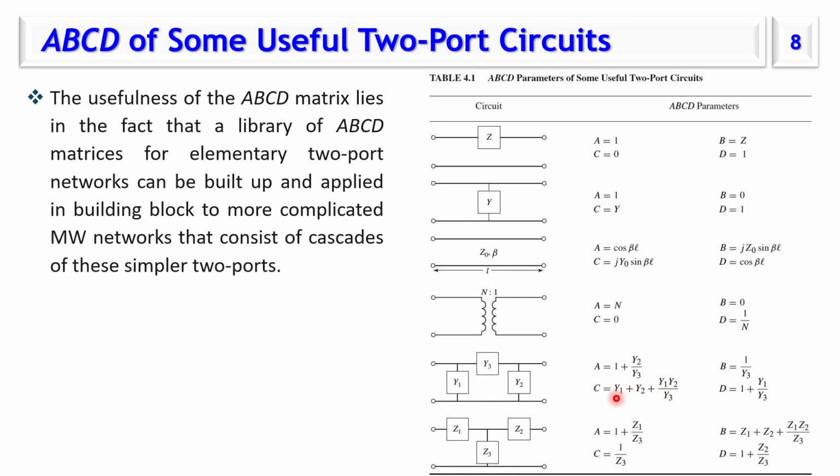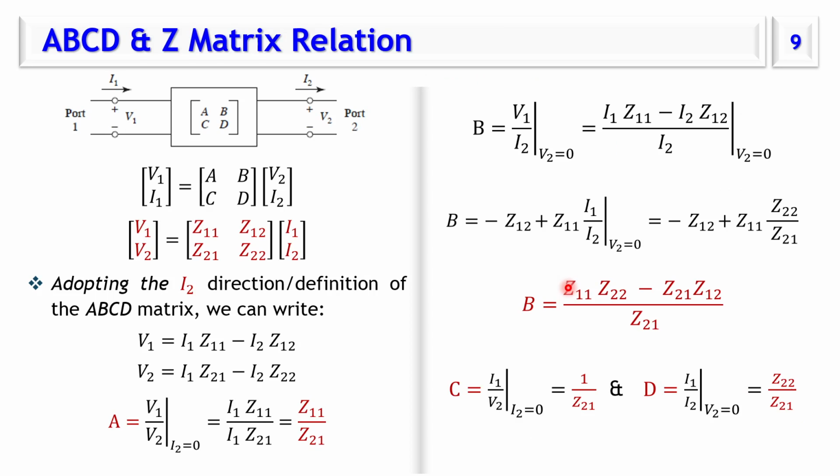Those are common sections of microwave and RF circuits, and you would find a table for the values of the ABCD matrix for each of those elements. So if you have multiple sections cascaded, you can find the overall system by just multiplying the ABCD matrices corresponding to each element.